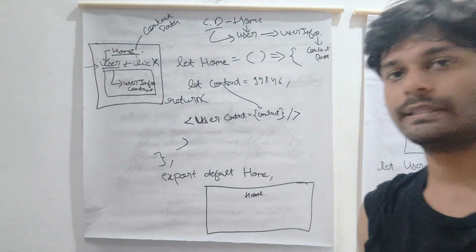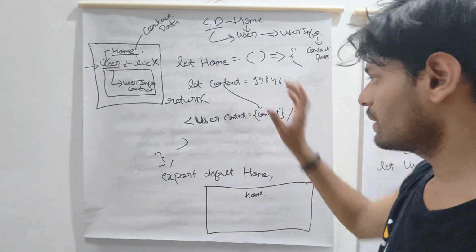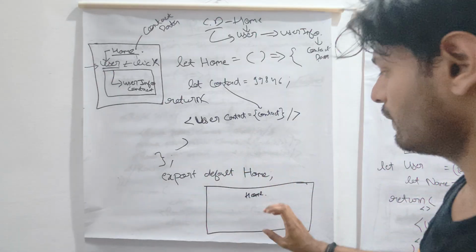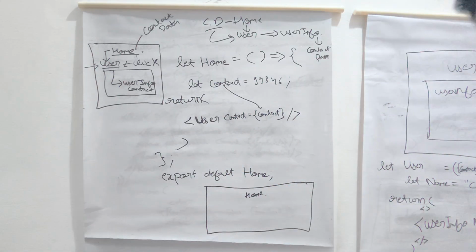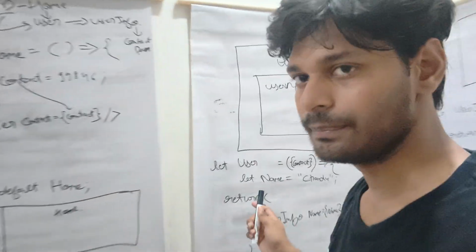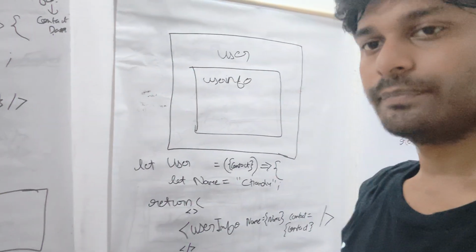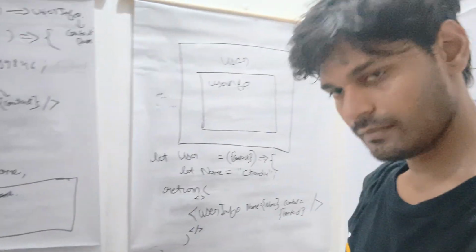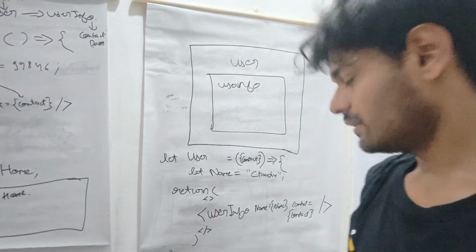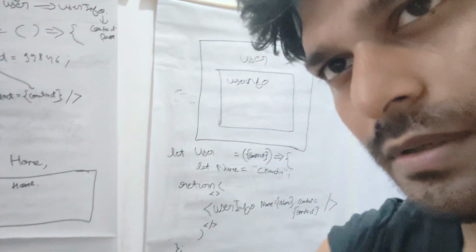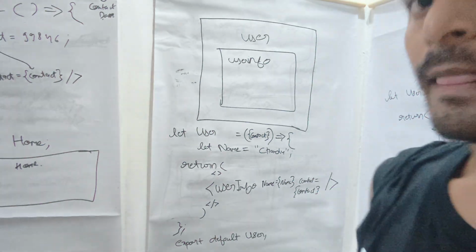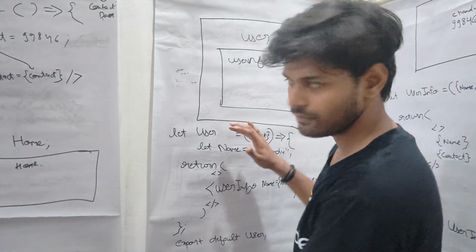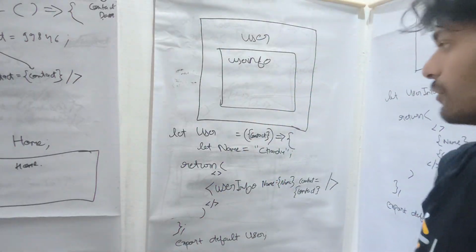Now let's see what user has. This is a home page and we have just returned this user. So whatever the user has will be visible here. This is my user. Let's focus on this point in the code.